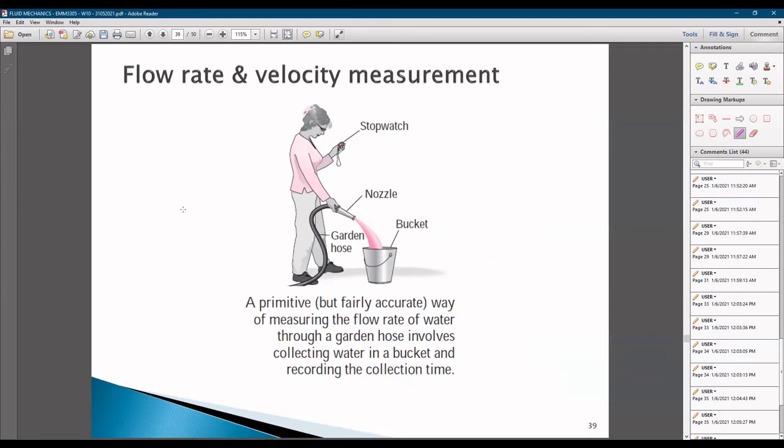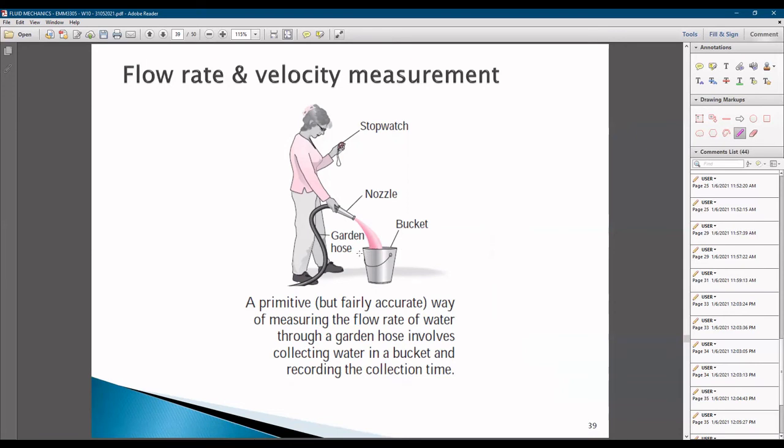Basically, if you want to fill up a bucket with water, you may try to get a phone with you and use it as your stopwatch to measure how long it takes for the water to fill up this particular bucket, for example.